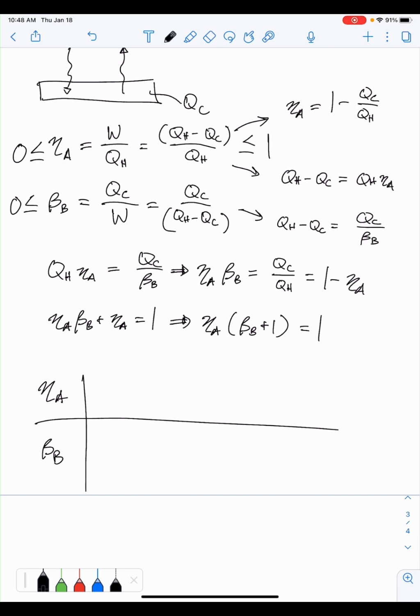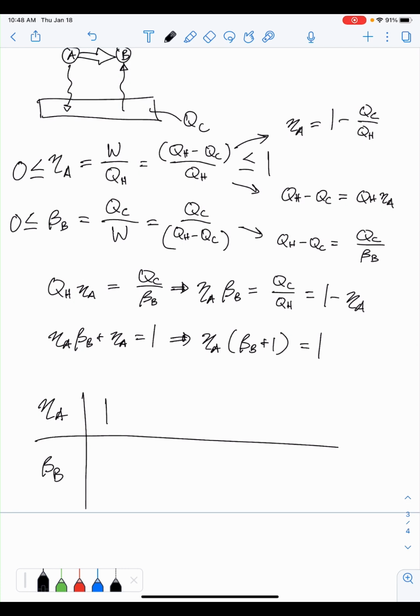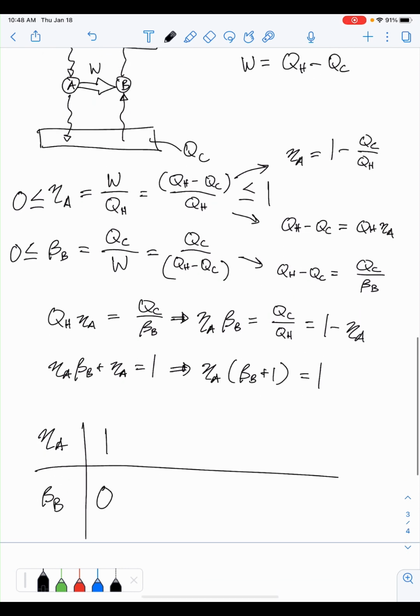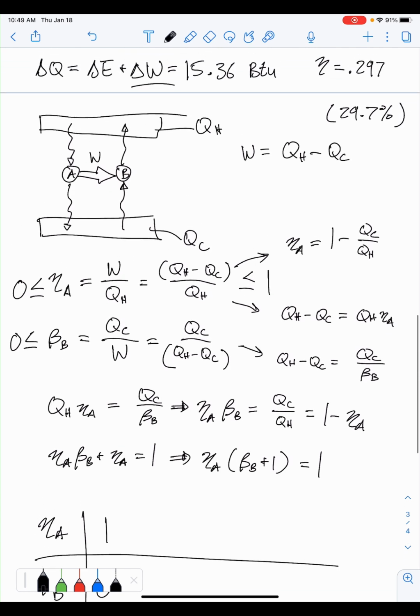So let's start with our very idealistic case, where the efficiency of the power cycle is 1. Following this formula, in order for this equation to be true, the coefficient of performance of the refrigeration cycle must be 0. What does that mean? Well, 100% efficiency means that all the energy from the hot reservoir going into system A is being converted to work.